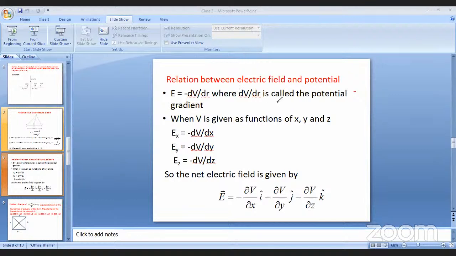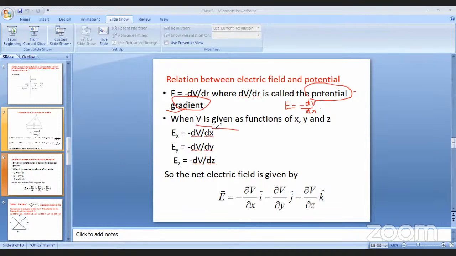So this is the relation between electric field and the potential, minus dV by dr. So this minus dV by dr is nothing but the potential gradient. When you take the gradient of this potential with respect to the distance and you apply the negative sign, you will be getting the electric field.